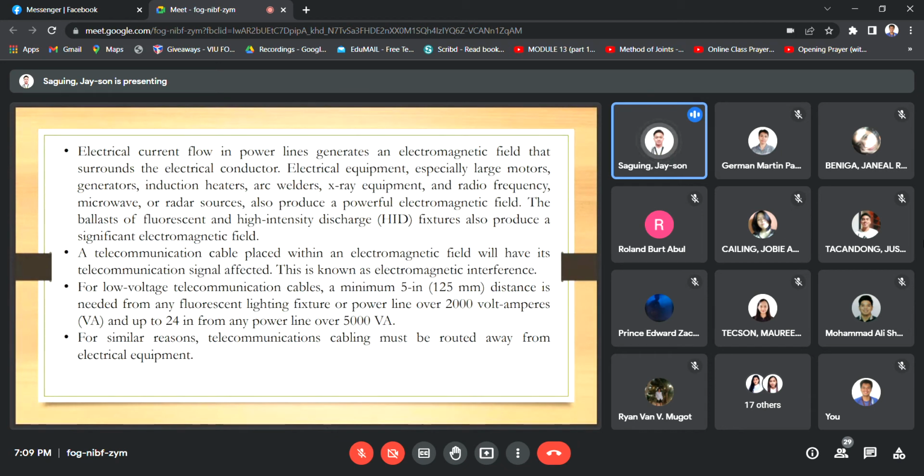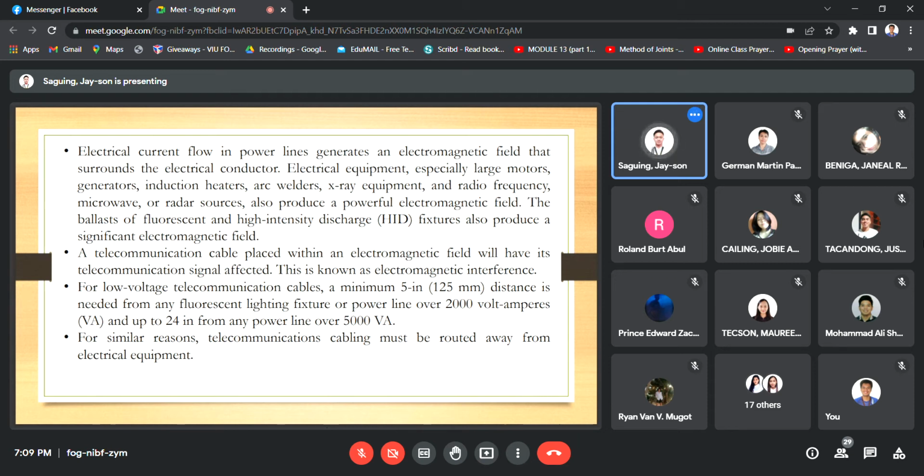For low voltage telecommunication cables, a minimum of 5 inches or 125 millimeters distance is needed from any fluorescent lighting fixture or power line over 2000 volt amperes, and up to 24 inches from any power line over 5000 volt amperes.